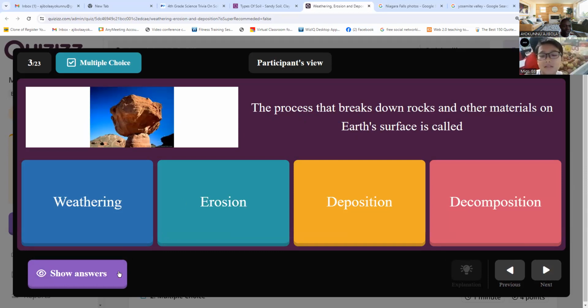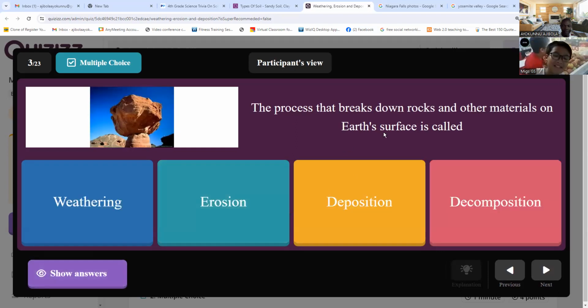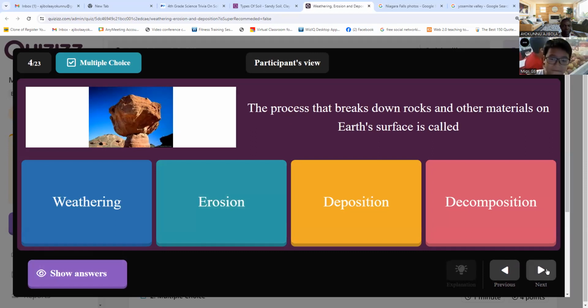We just mentioned weathering of rocks. So that is how rocks are broken down to form soil. The process that breaks down rocks and other materials on Earth's surface is called weathering. Is that clear? Yes, clear.